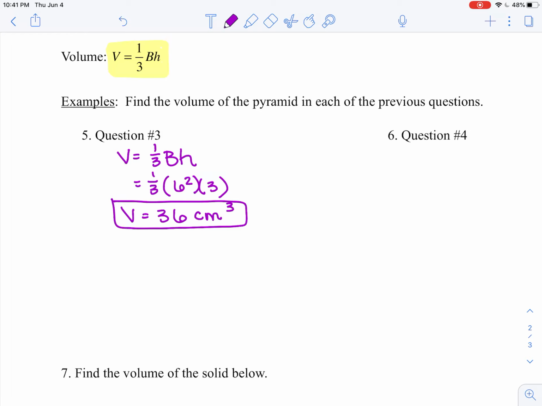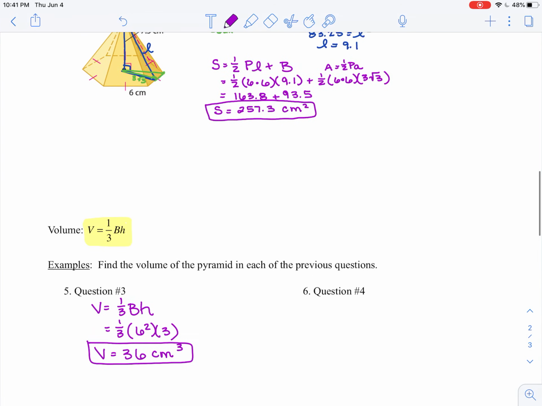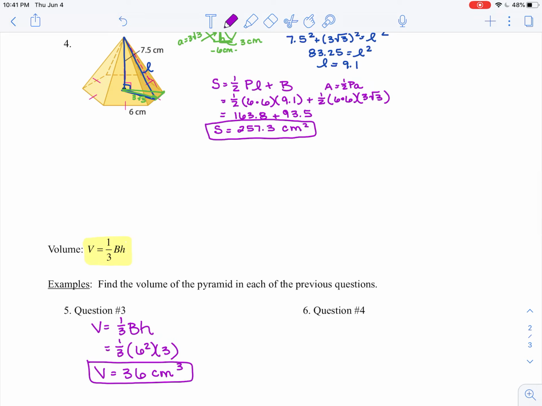In number 6, we want the volume of the pyramid from question number 4. So again, we need to know area of the base and the height of the pyramid. So we have 1/3 area of the base. We already calculated here. That was the 1/2 perimeter times apothem for the regular hexagon.